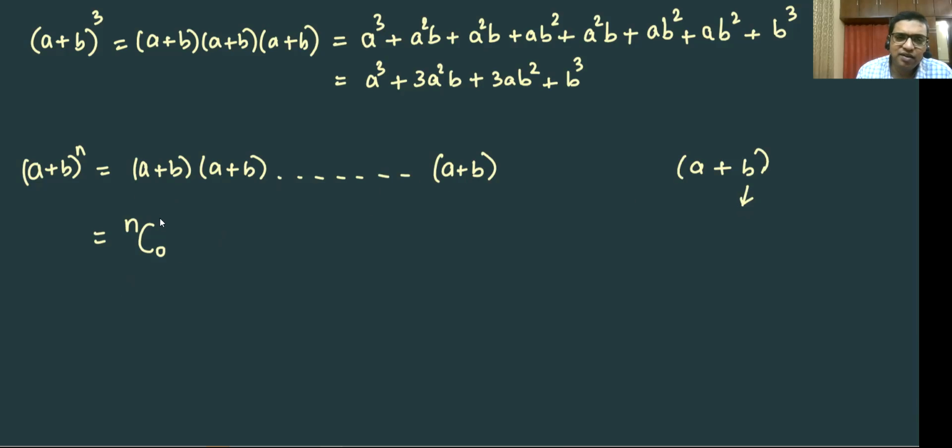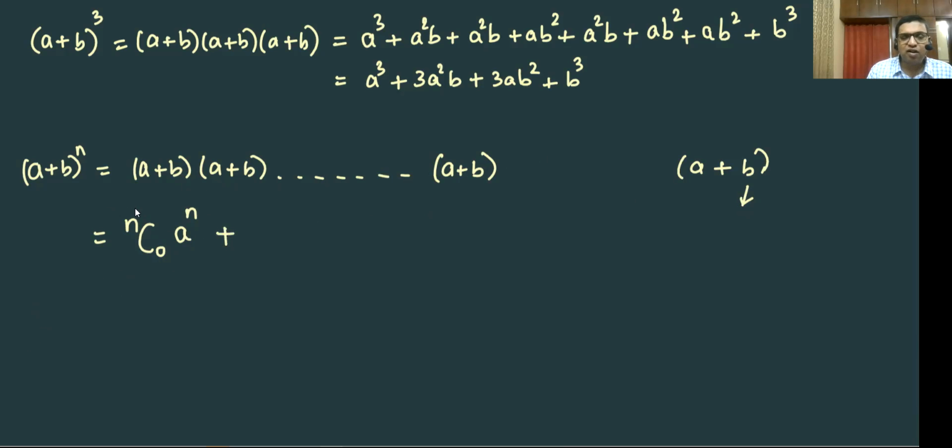So I get a into a into a into a, so I get a power n. So from each factor I select a, and when I multiply I get a power n. And basically it is b power 0. I have not selected b.